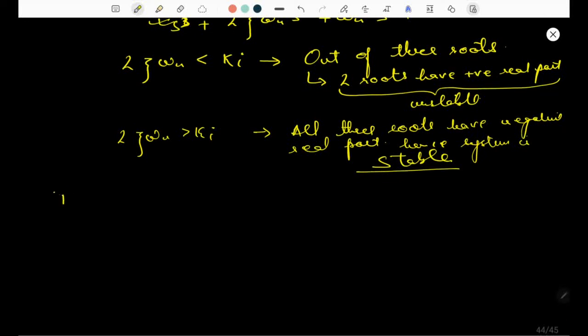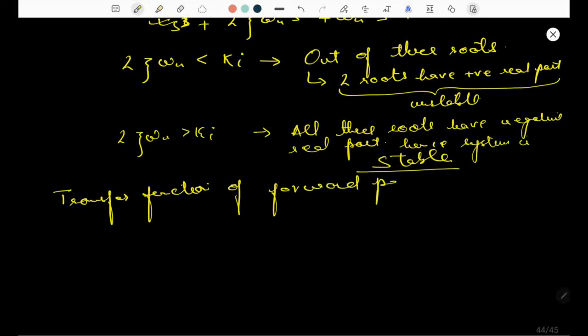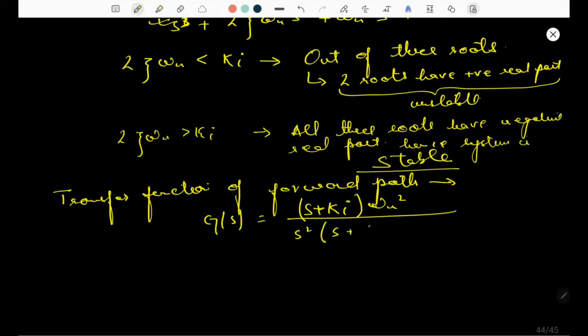The transfer function of the forward path is G(s) equals (s plus ki) omega n square divided by s square into (s plus 2 zeta omega n).